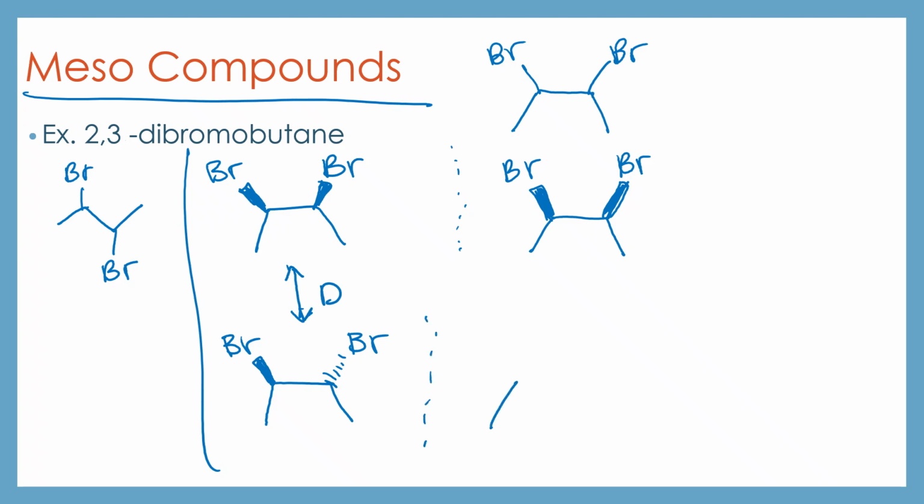If I draw a mirror plane and I draw a mirror image of it, I end up with a molecule that is the mirror image and also non-superposable. So this is the enantiomer of this molecule. And this is also a diastereomer of our original. So this compound ends up only having 3 possible stereoisomers, even though we calculated that there would be up to 4.